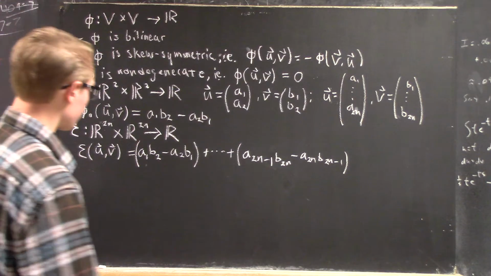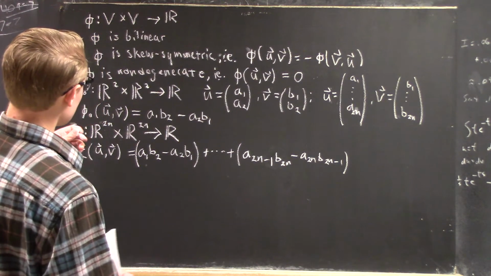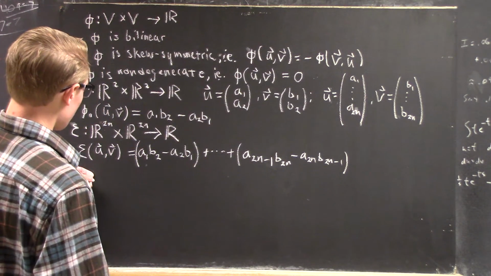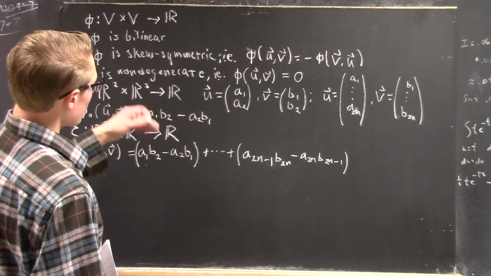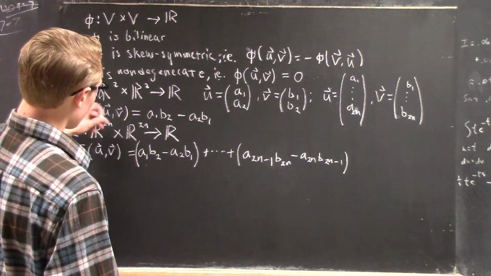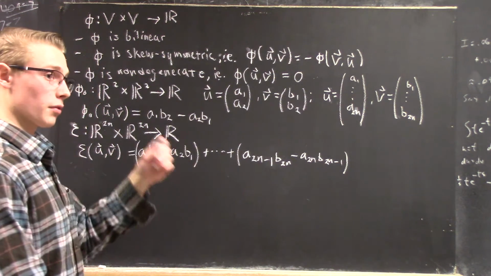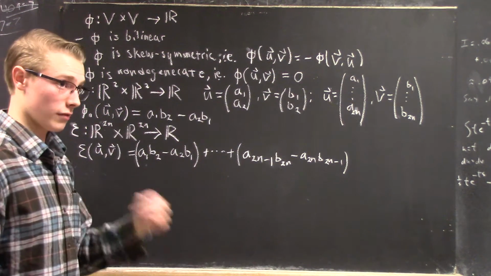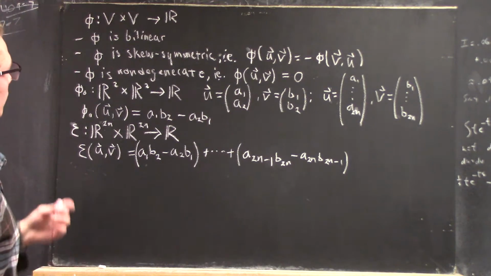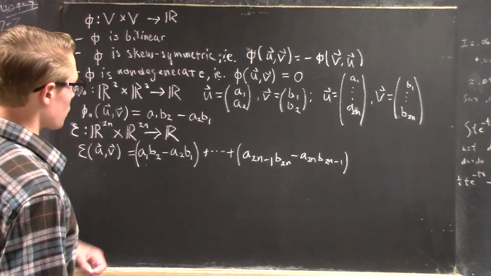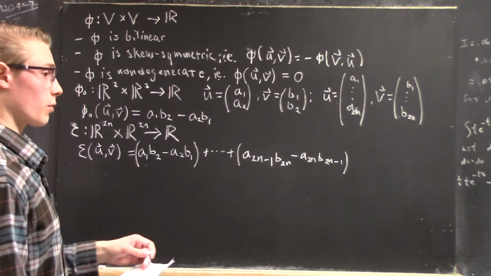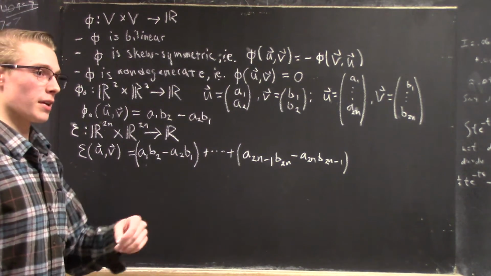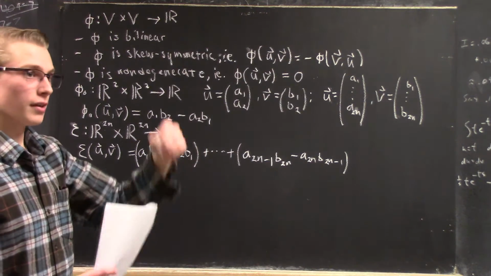And hence, this implies that the dimension of the vector space must be even in order to define a symplectic form. If it's not even, then skew symmetry does not apply. That distinguishes the difference between a symmetric or skew symmetric form of a mapping.